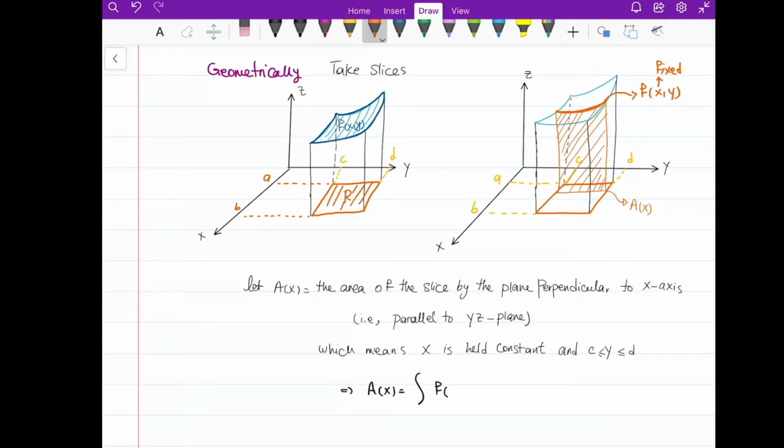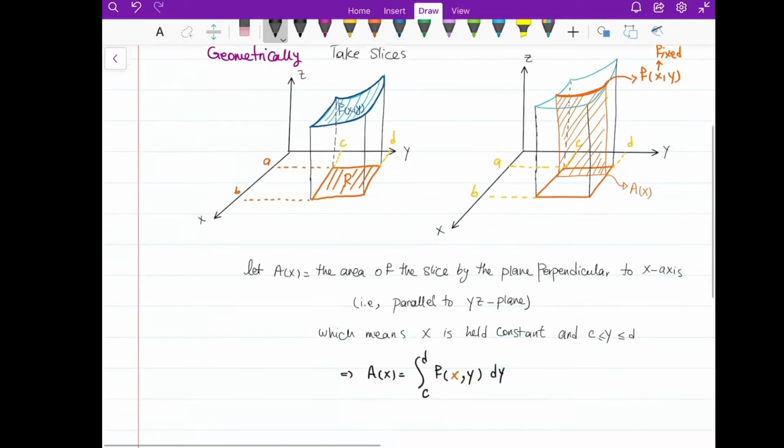F of x, x is fixed, and then y is the one that is changing. So A of x is just the integral of this curve, f of x and y, where x is some scalar value that is fixed, and y is changing, dy from c to d. This one we already know how to calculate.